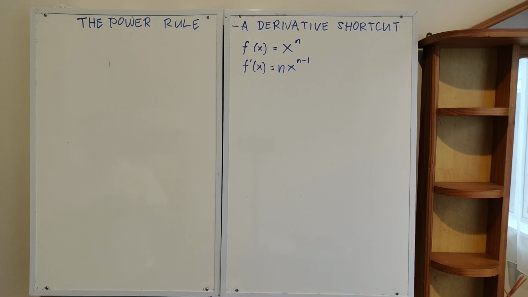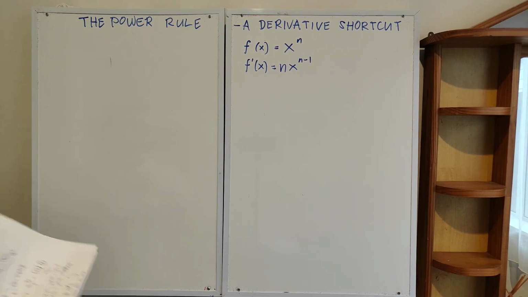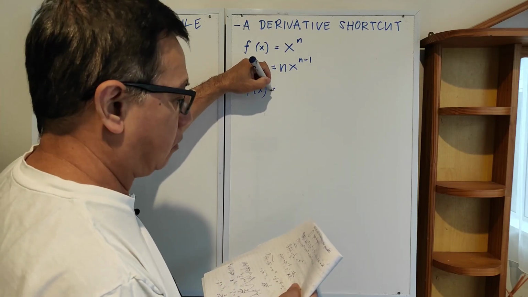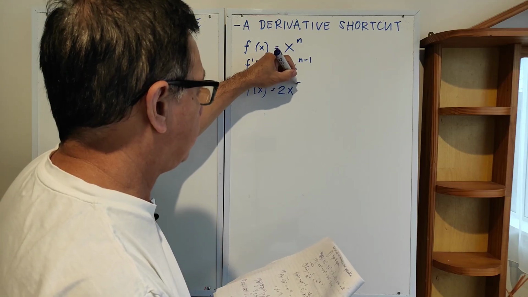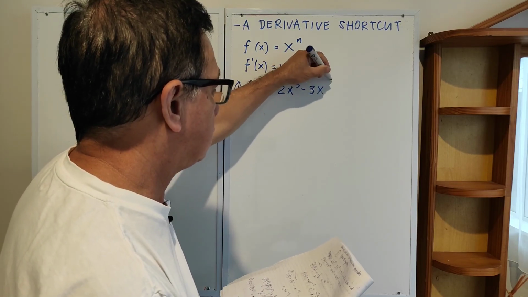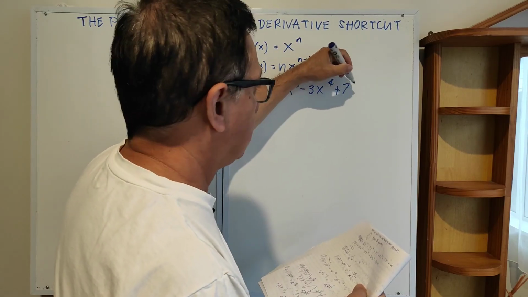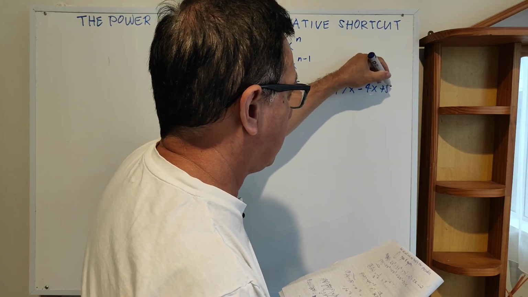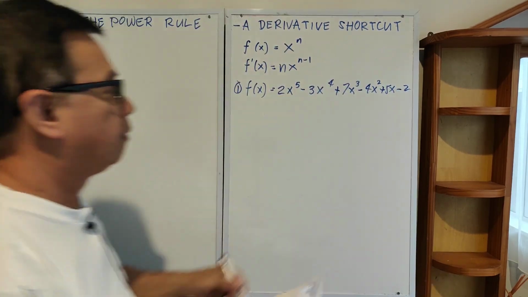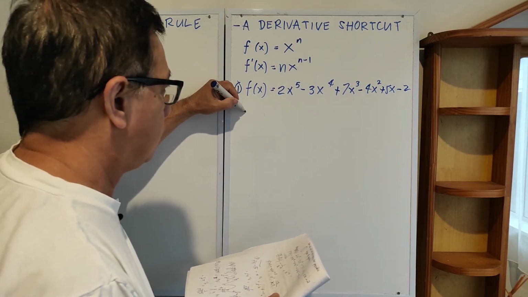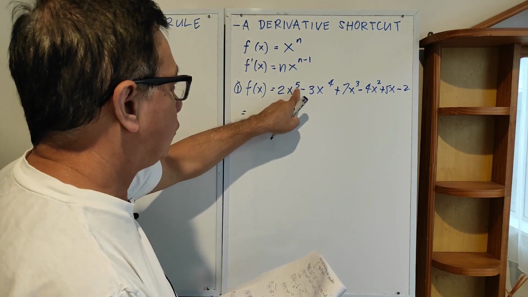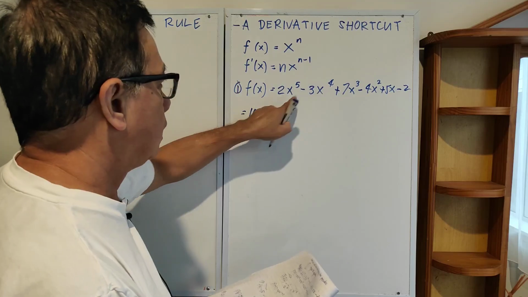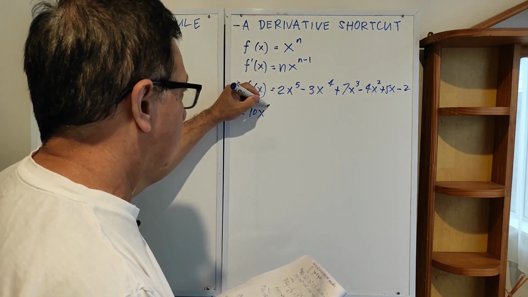Now we will solve some examples of other possible types of equations. Example number 1: f of x is equal to 2x to the 5th minus 3x to the 4th plus 7x cubed minus 4x squared plus 5x minus 2. So we bring down 5 in front of 2. 2 times 5 becomes 10x, and we subtract 1 from 5, it becomes 4.